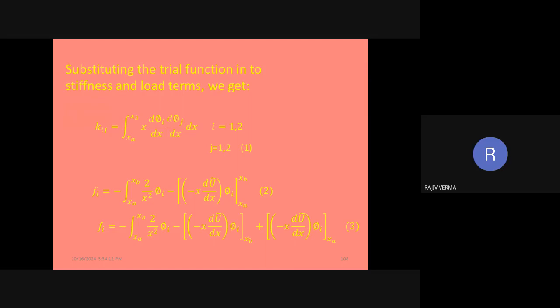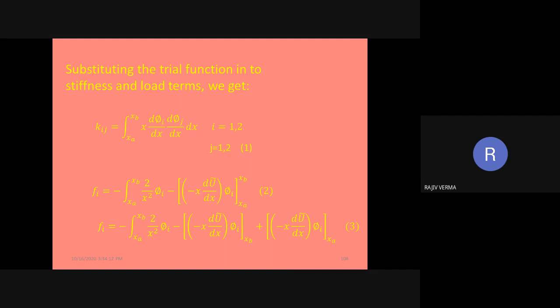So by keeping different values of i and j in equation number 1, we get the 4 terms of the stiffness matrix, because the stiffness matrix is a square matrix of size 2, because there are 2 unknowns in it. 2 unknowns means that we are going to require 2 equations. So the matrix is going to be a square matrix of size 2 by 2.